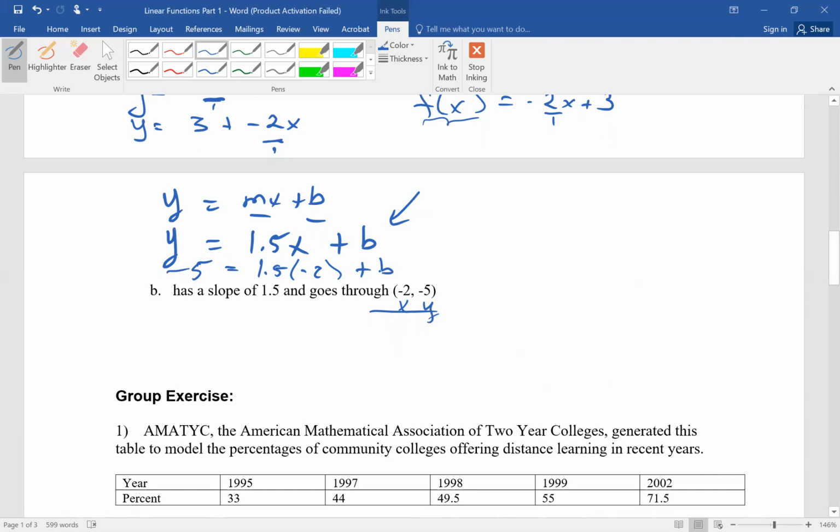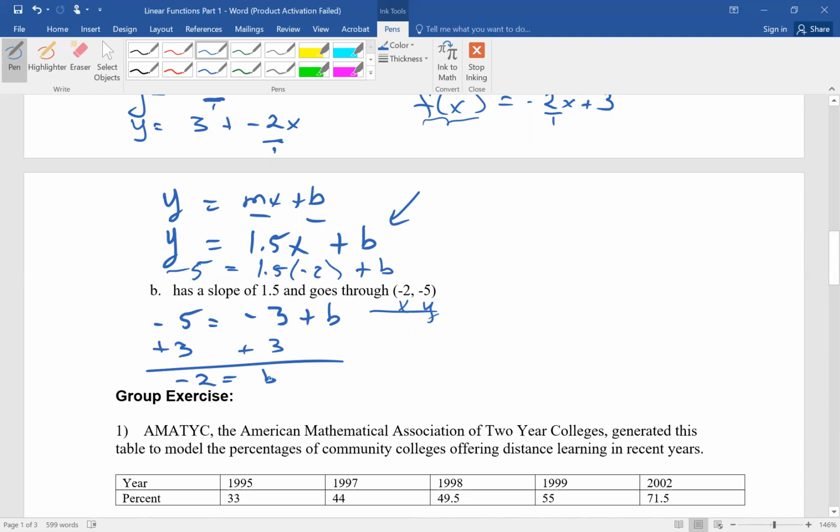Now, I'm running out of space here, but if I just keep carrying this down, negative 5 is equal 1.5 times negative 2. Well, I think that's going to be what? Negative 3 plus a b. And then as long as I solve for b, get it by itself, your b will equal negative 2.